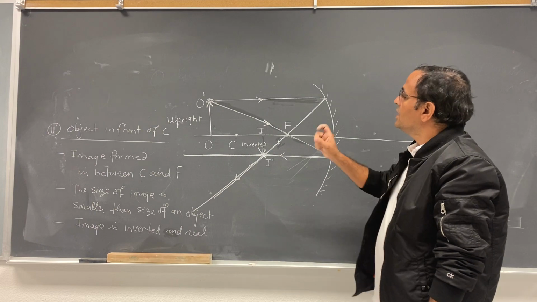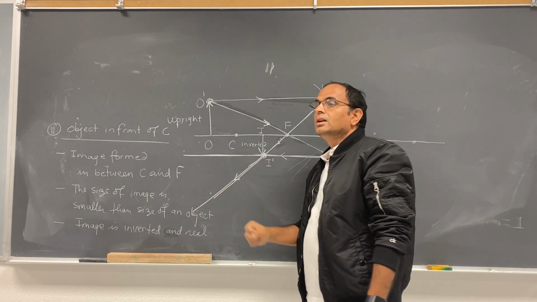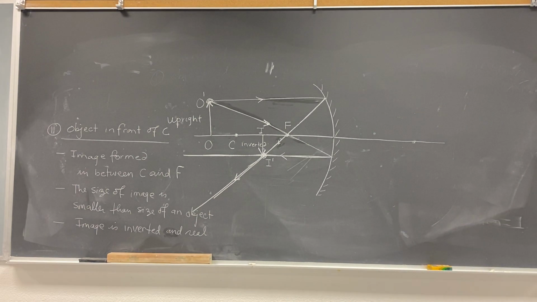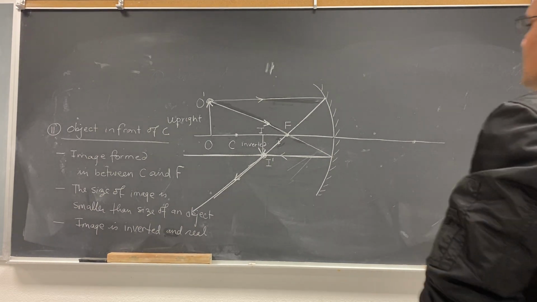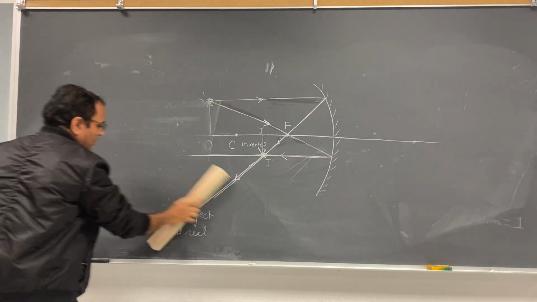Okay. So here I keep the object in front of the point C. Now what happens if you keep the object at point C, which is the center of curvature? Let us do that quickly.